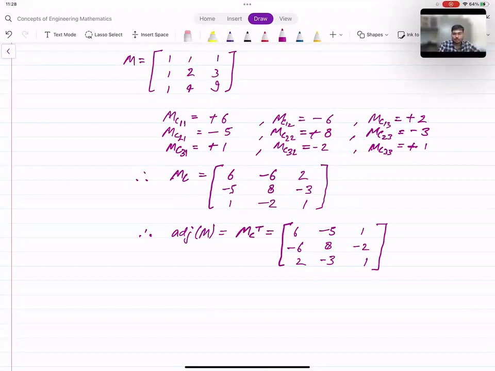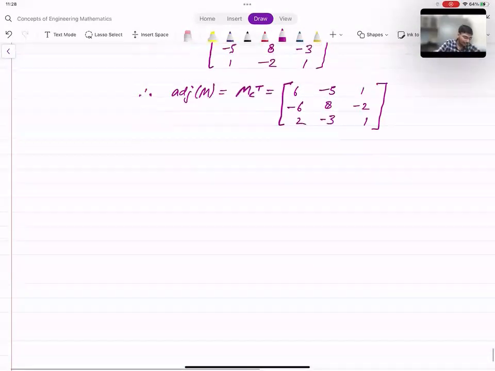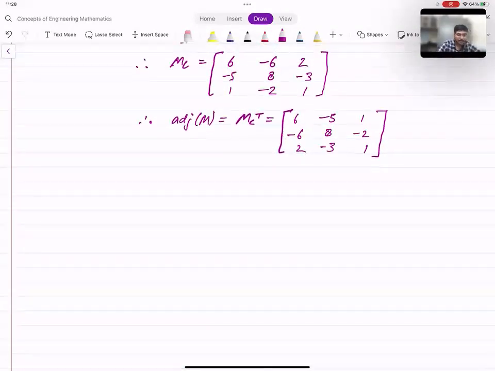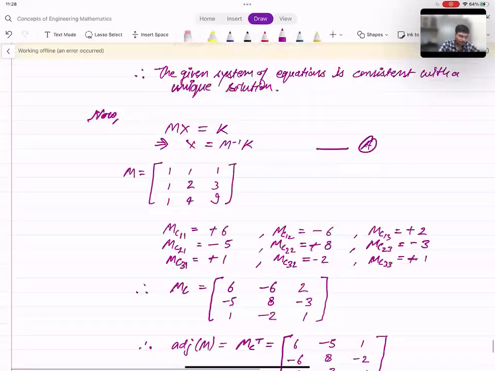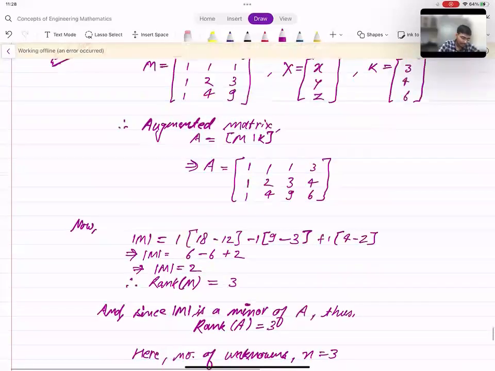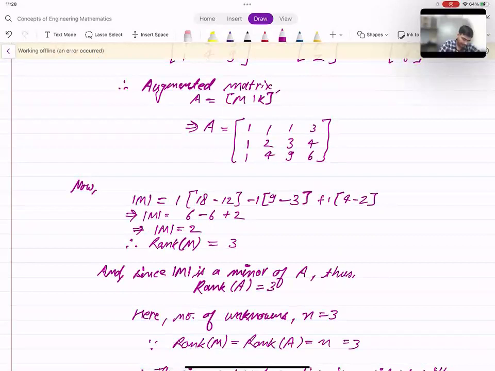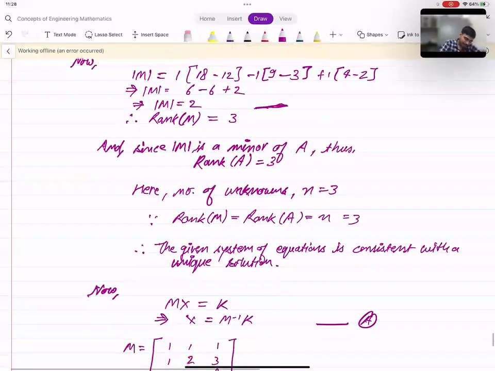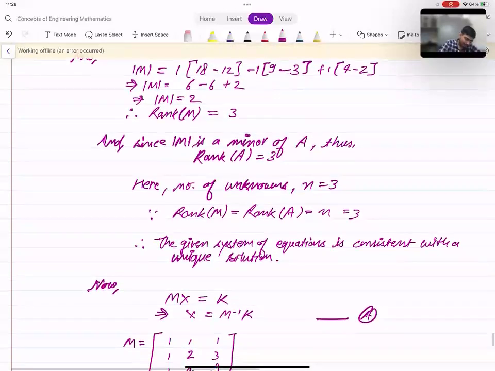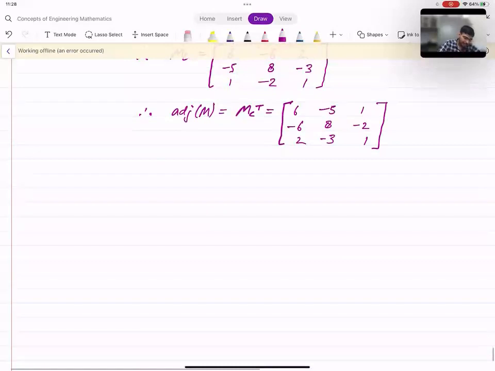Now we have the value of adjoint, so we can find the value of M inverse. The determinant of M was 2, which we had calculated earlier.